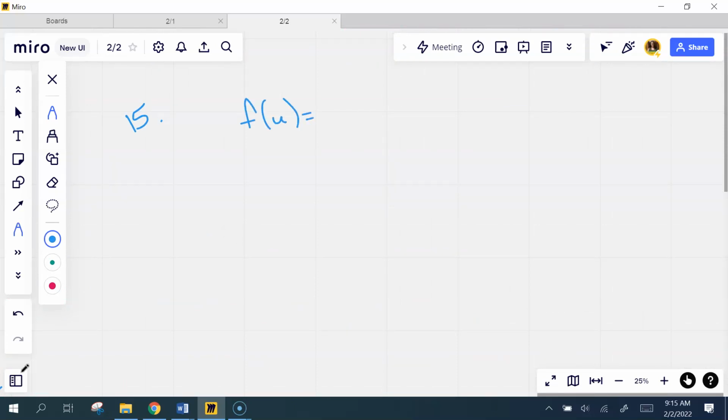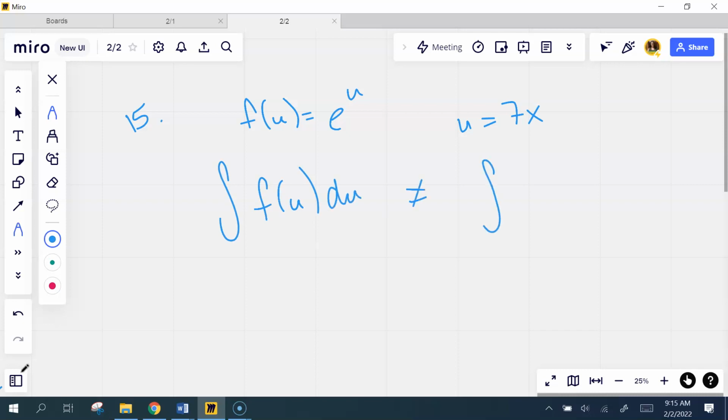f of u equals e to the u, u equals 7x. So I want to show that the integral of f of u du is not equal. They're really just wanting you to see that you can't just pick any u you want and it works, if that makes sense.